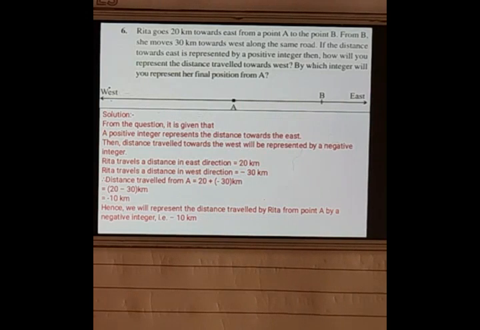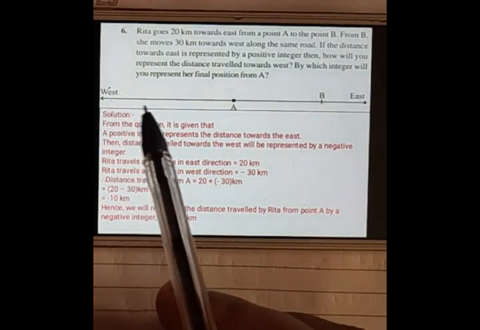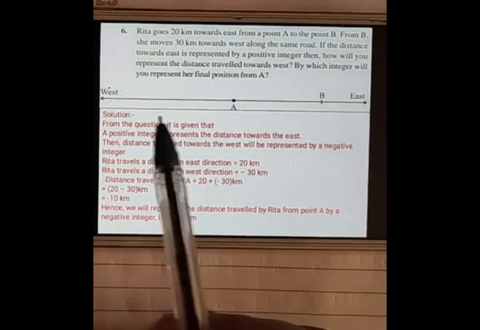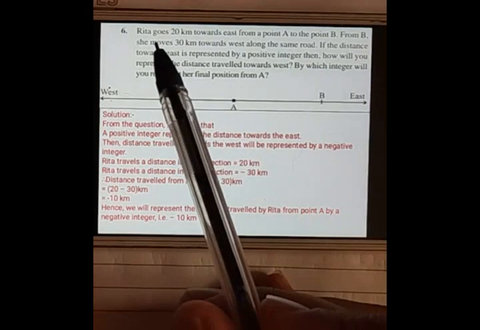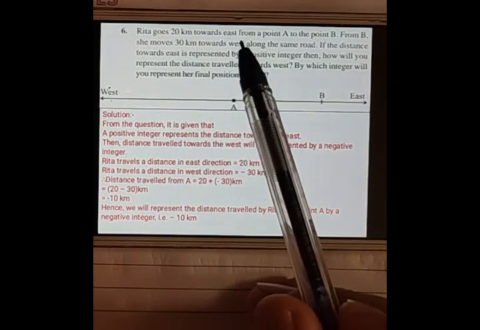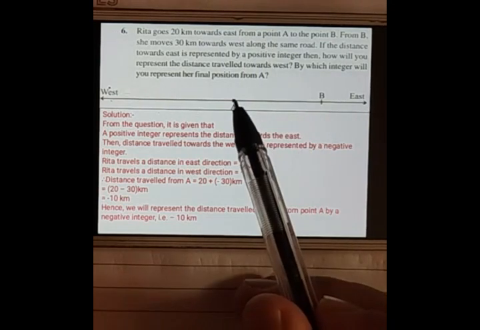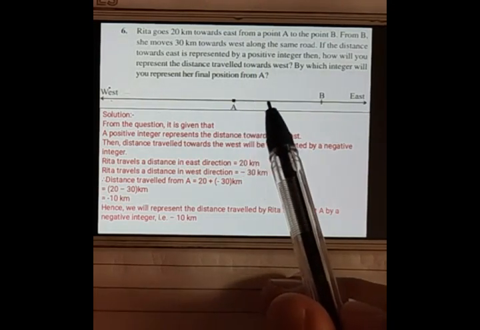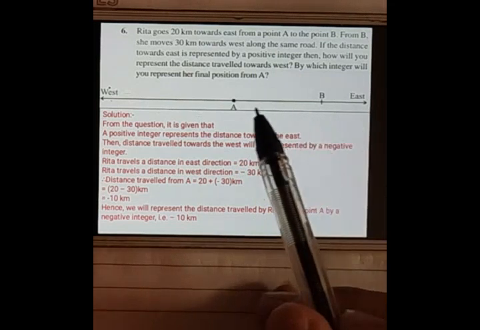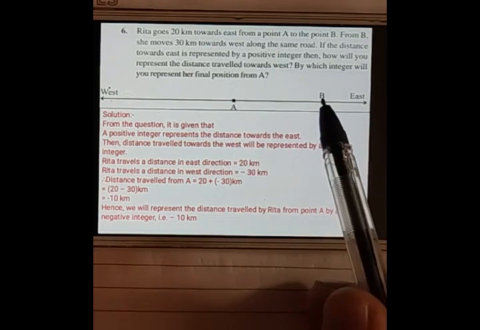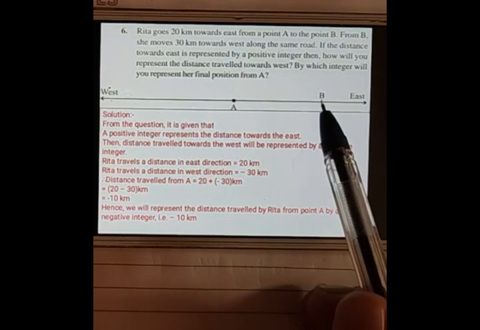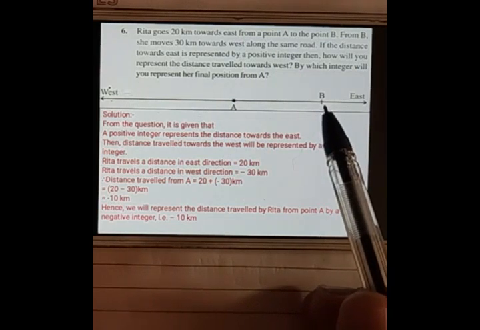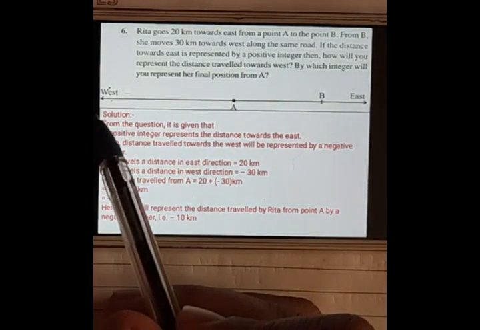Here I have given a number line type of figure in this question also. Rita goes 20 km towards the east from point A, to point B. From B, she moves 30 km towards the west. She is moving back now.